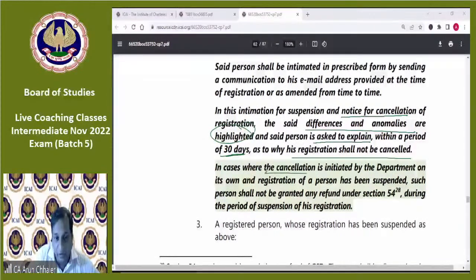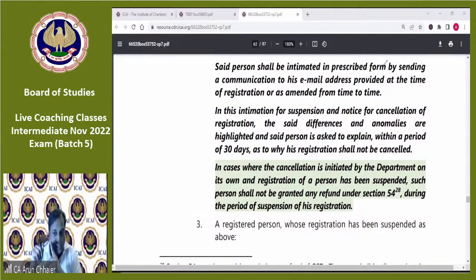In case where the cancellation is initiated by the department on his own motion and registration has been suspended, such person shall not be granted any refund during the period of the suspension. So one point, please note down that during the suspension, the registered person will not be allowed to take the refund. He will not be granted the refund.